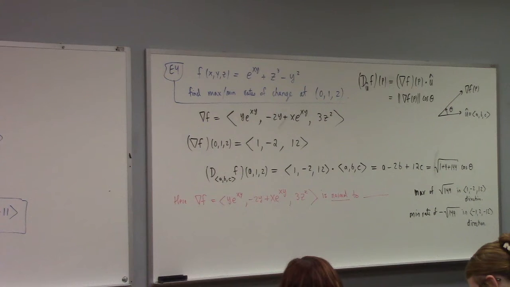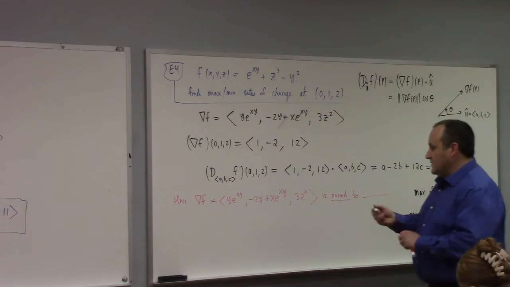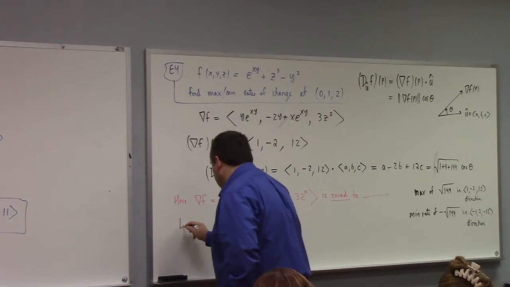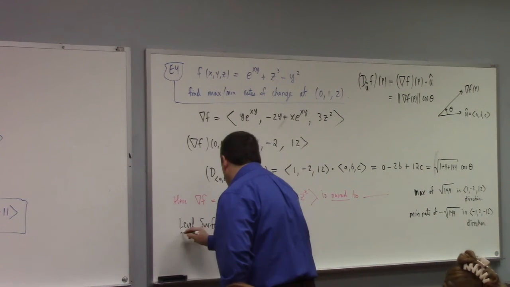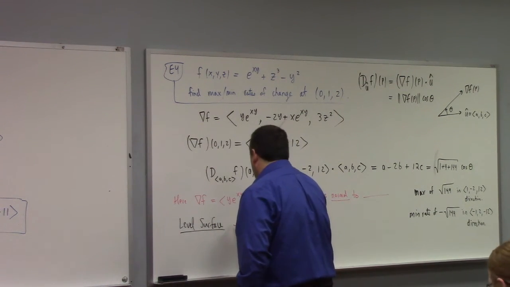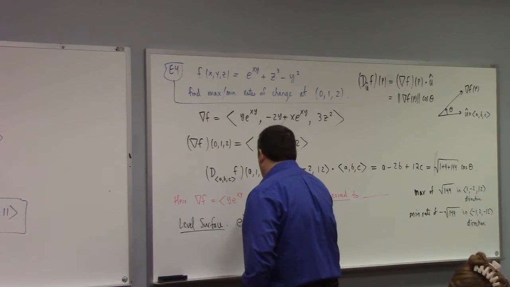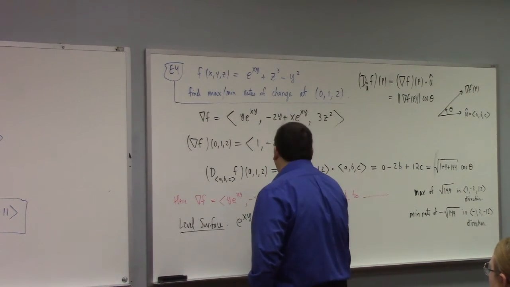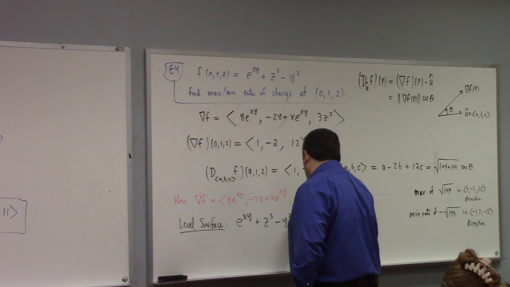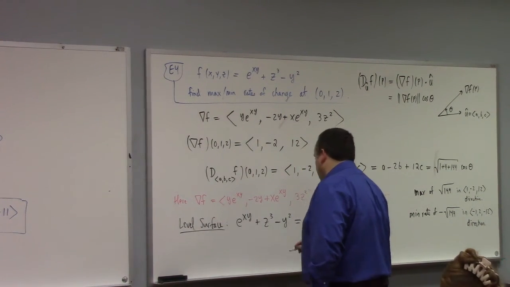It's in fact the normal vector field to something. Actually, it's the normal vector field to a lot of things. I don't know how to visualize them, but I can tell you what their equation is. There's a level surface, right? The level surface, which I don't even know how to picture, but the equation of it is: e to the xy plus z cubed minus y squared equals a constant, right?